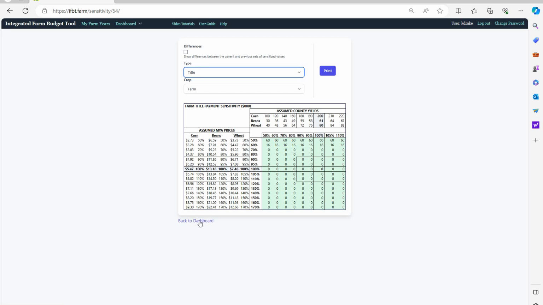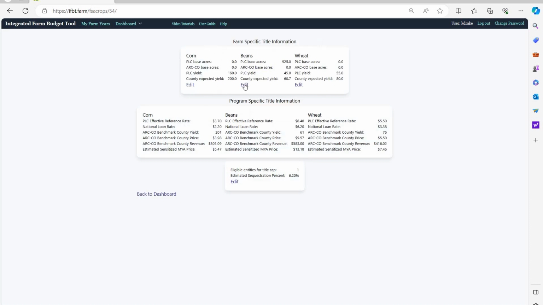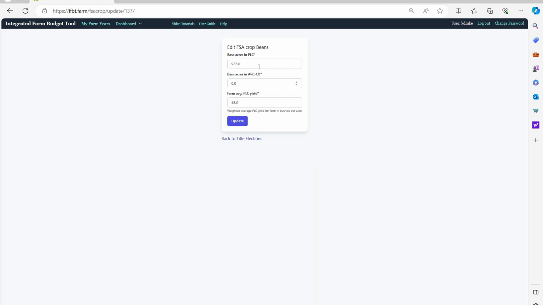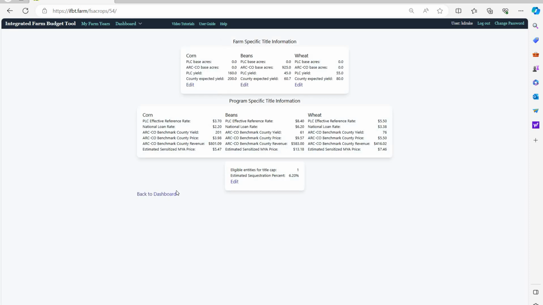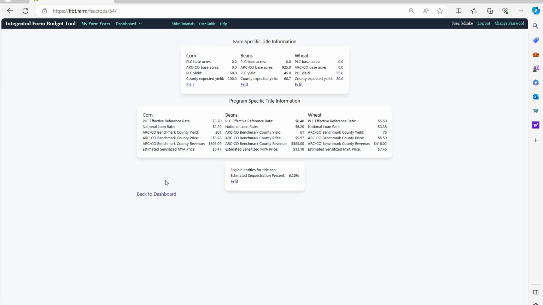Now let's compare that to ARC-CO. Just repeating the process. We're going to move those 925 acres out of PLC and into ARC-CO. Repeat that process.